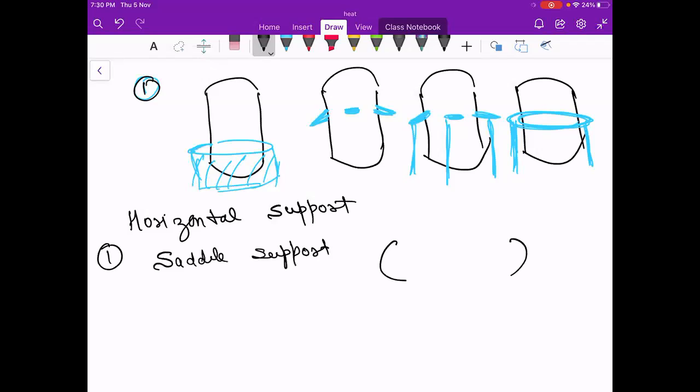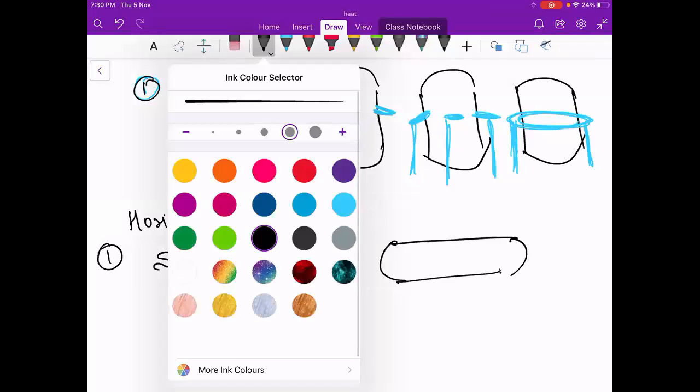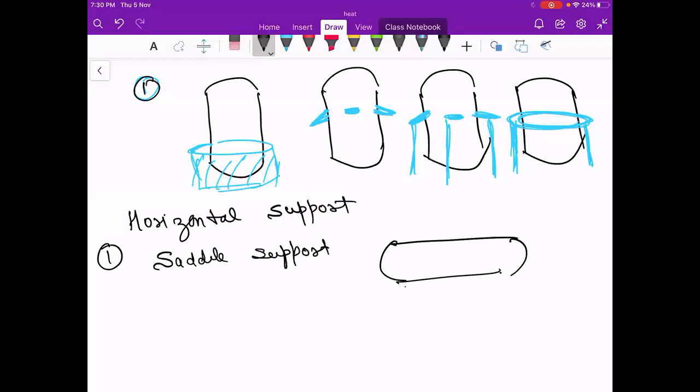Saddle support is basically for heat exchangers. It is like this. It will be somewhat curvy from here, so it will be like this. So you can remember the point: saddle support, which is most frequently used for heat exchangers. You can write this point.